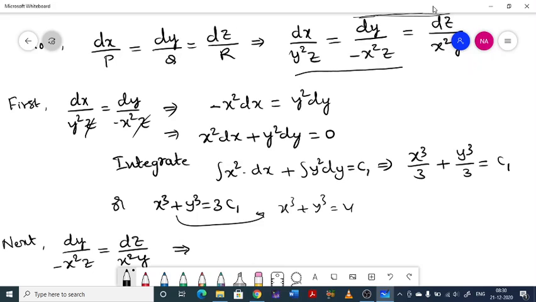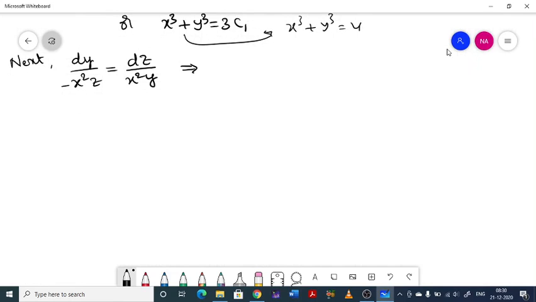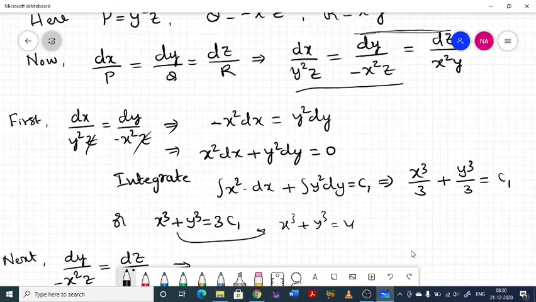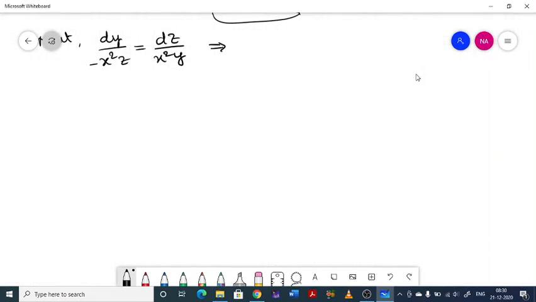So considering this, x square gets cancelled. So I'll get y dy equal to minus z dz. So from that, y dy plus z dz equal to 0.